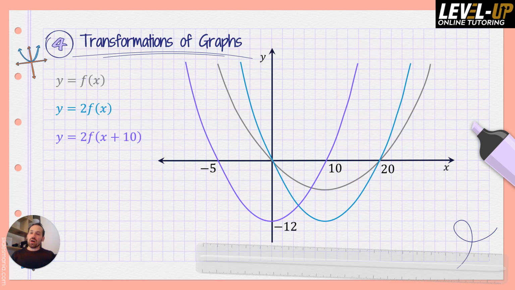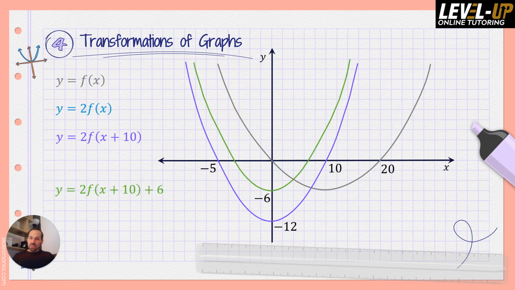If we now do another transformation, so we've done 2f of x, and now we're doing a shift on the x value. So we're adding 10, and you see, from the blue to the purple, it's now going to shift 10 to the left. Remember, it does the opposite. And so that horizontal distance across the entire graph is going to be the same because all points are getting shifted by that 10.